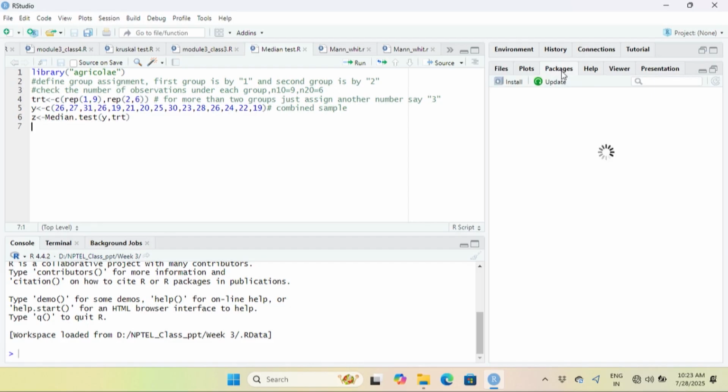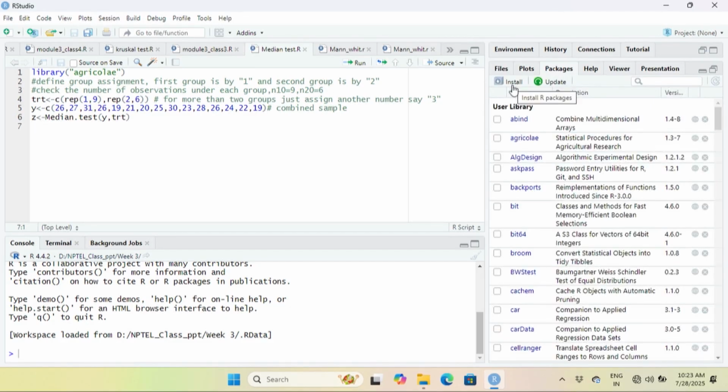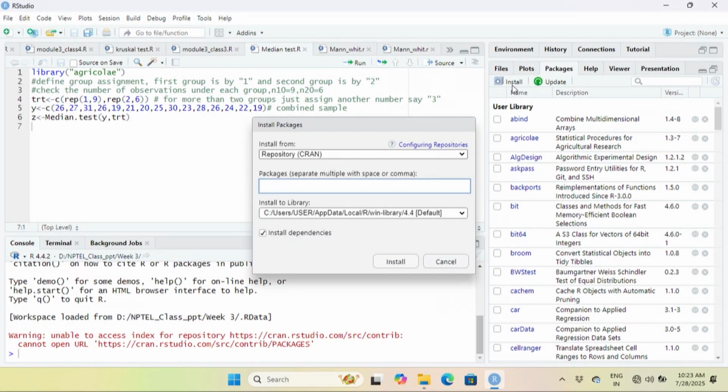You can go to the package option, you can have that install option here, and you will have the CRAN repository, an online repository where all of the R packages are stored. So in case your own system doesn't have the package agricolae, then you can just go to the CRAN repository and type the package name here, agricolae, and download it to your system.